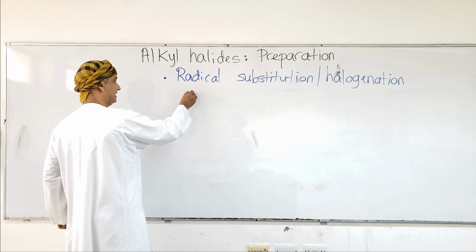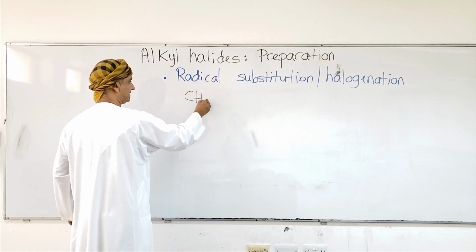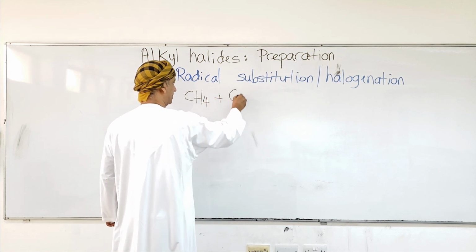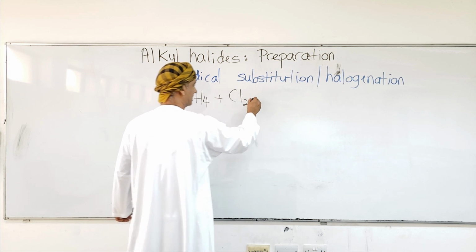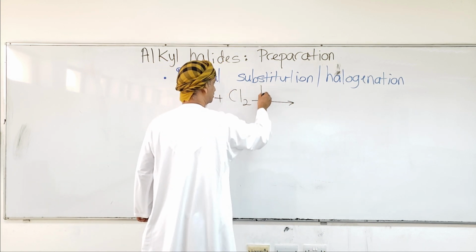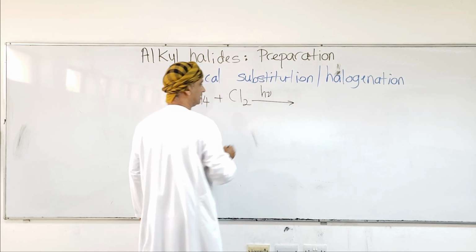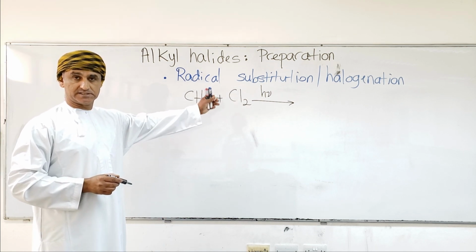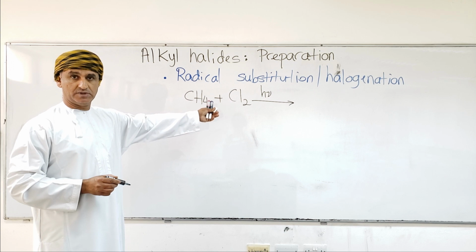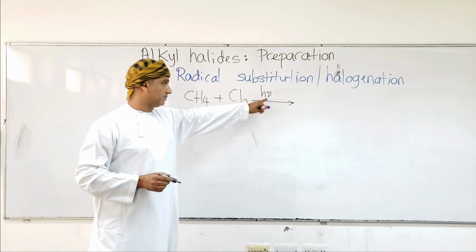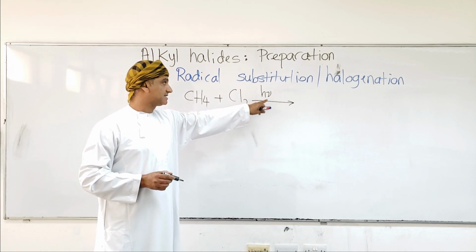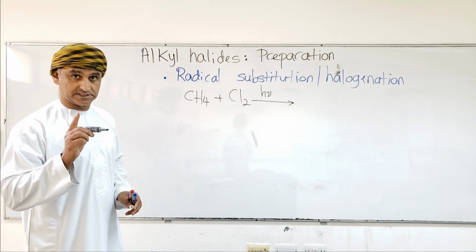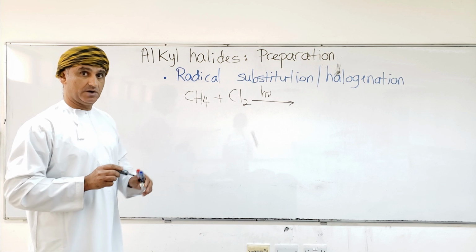If you take methane and react it with chlorine in the presence of light, h nu, not hv, this is the energy, where h is Planck's constant, obviously, and nu is the frequency, not velocity. h nu is the energy of light, if you like.